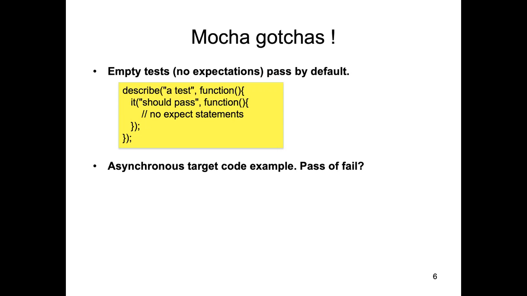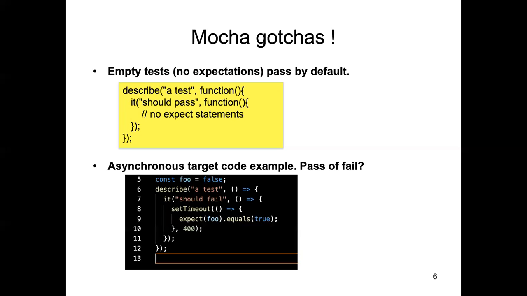If you've got an asynchronous target, if what you're testing is asynchronous in nature, and by asynchronous we mean that the target does not respond immediately to any request that we make to it, that's all asynchronous means, then I'm posing the question: does the following little example pass or fail?